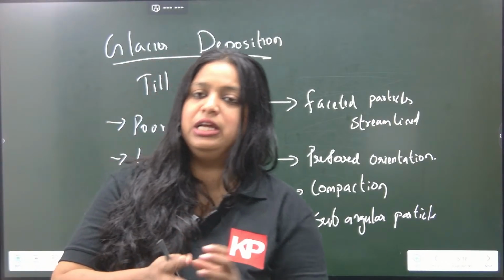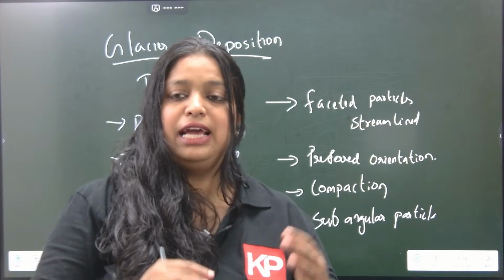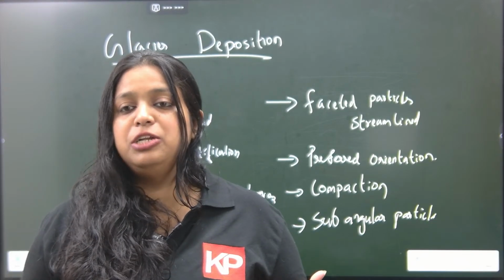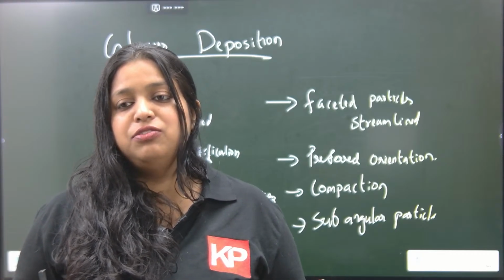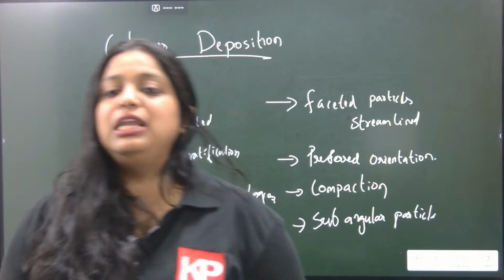Abrasion will cause rounding, but fracturing will cause formation of angular grains. Hence, we have subangular particles in the glacial deposition. So these are the characteristics of till deposits.